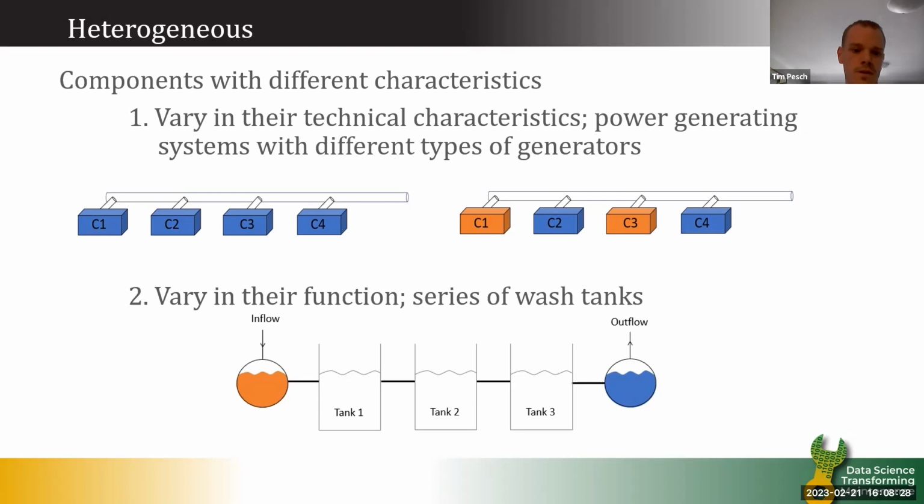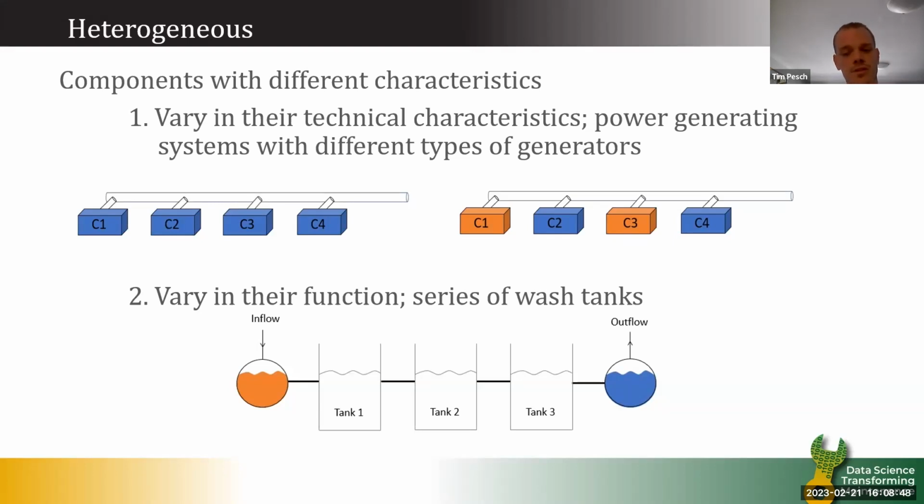And we might therefore assume or even observe in real life that tank 1 is just more prone to fail than the other 2. So those 2 are reasons or are examples of systems where components are heterogeneous.